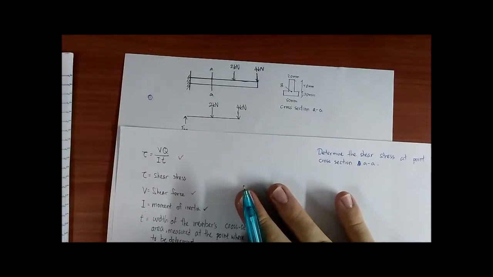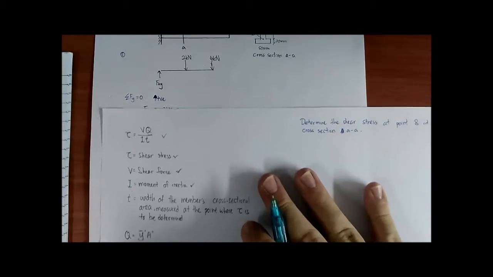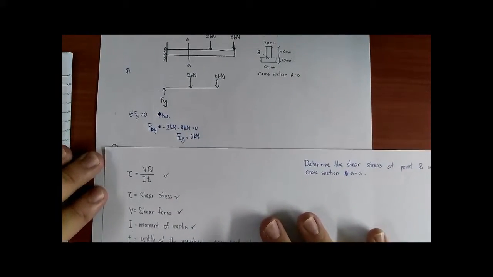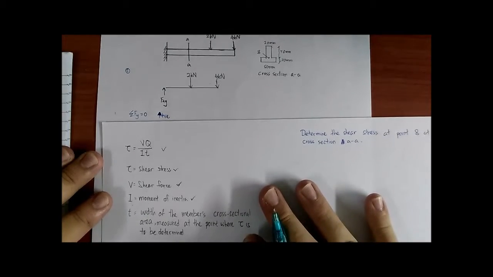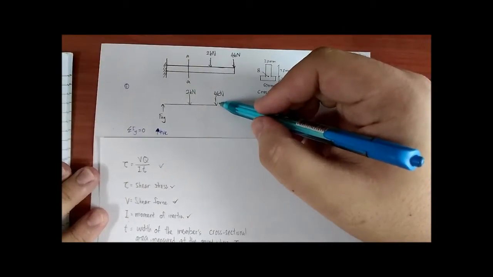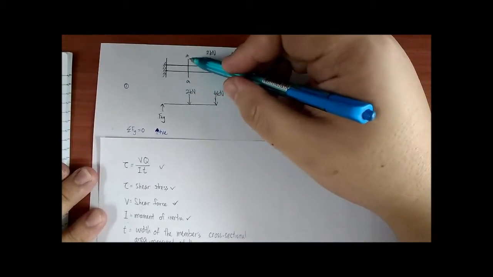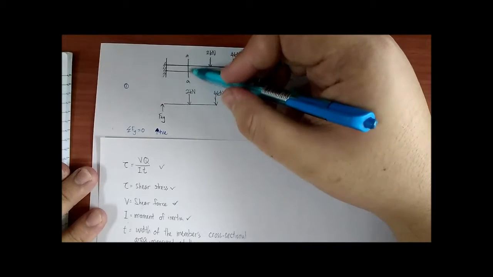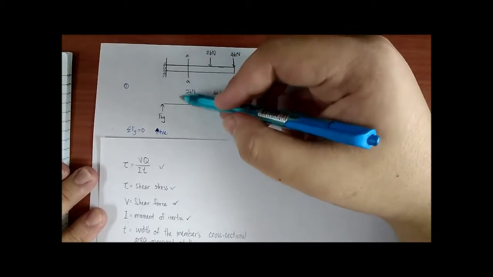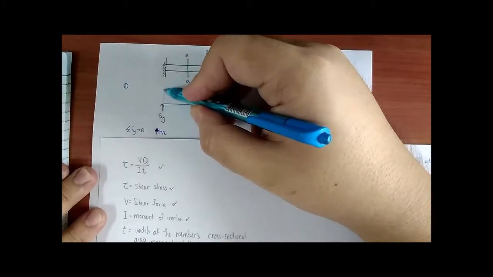First of all, we need to find our shear force. To calculate it, we need to draw the free body diagram of this beam. This one is the free body diagram, because we only need to draw the cross section of this beam, at point AA.